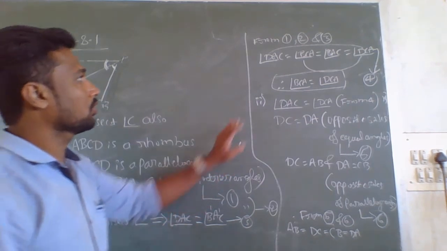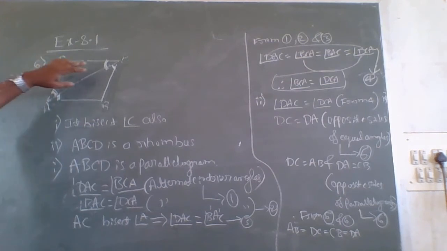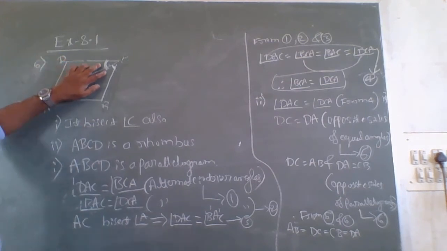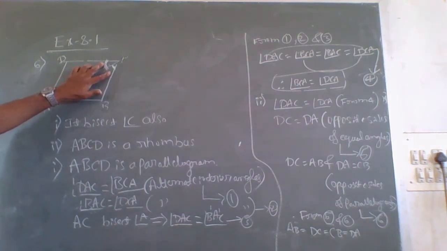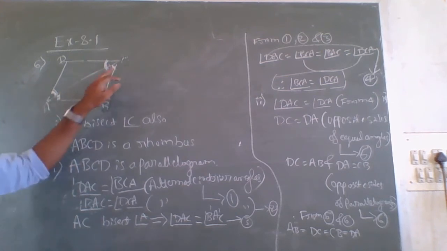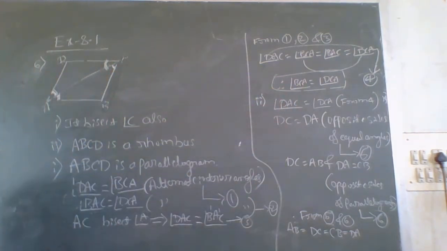From these three, these two angles are equal: BCA is equal to DCA. If these two angles are equal, then we prove that AC bisects angle C. Below this you should write: AC bisects angle C.